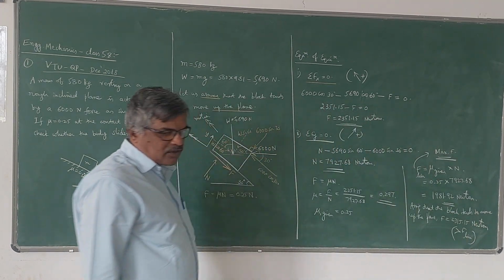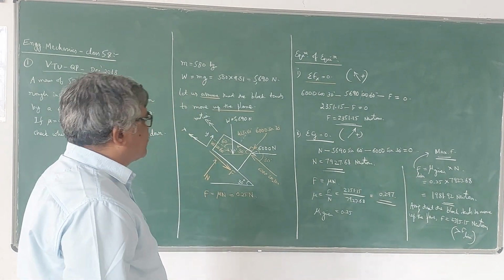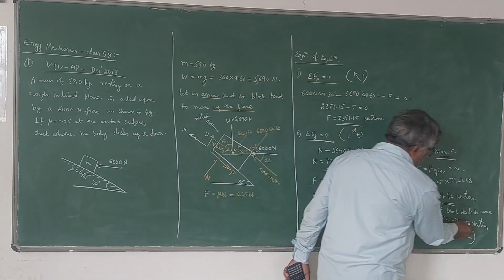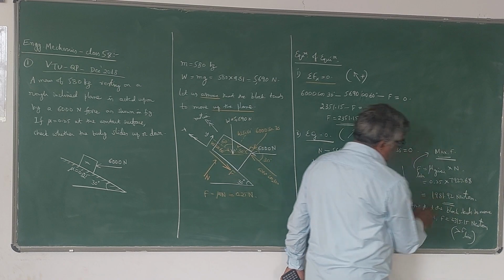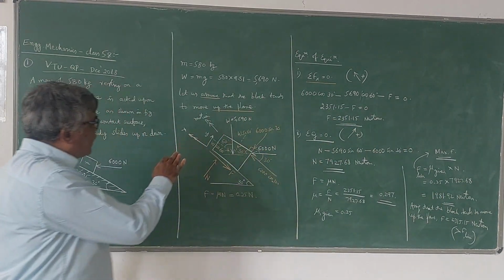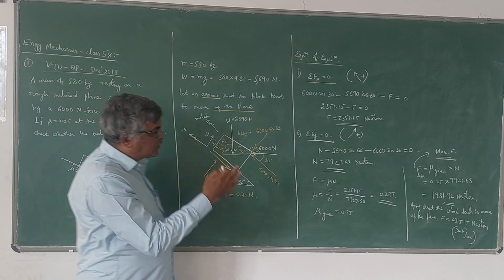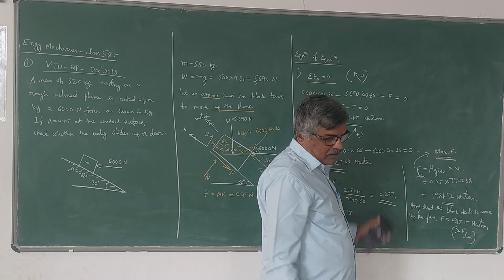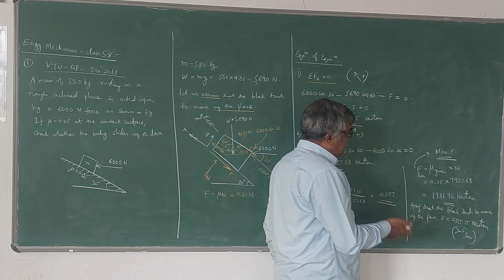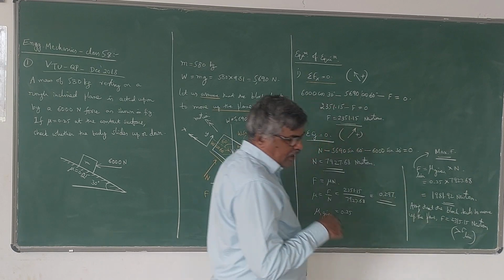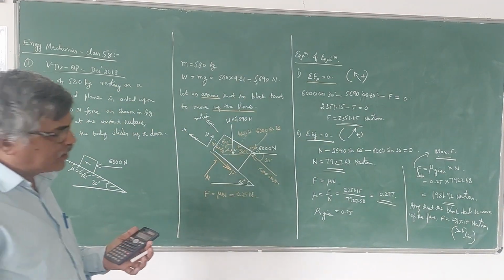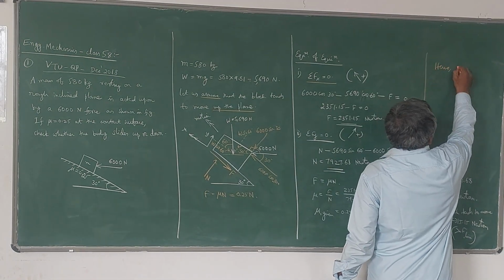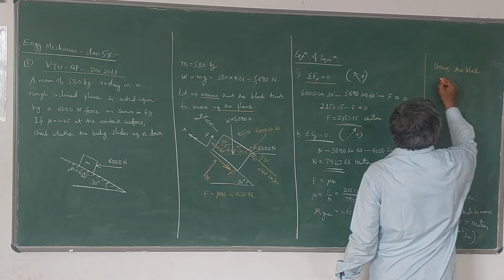Therefore, the assumption is wrong. That means, assuming that the block tends to move up the plane is wrong, because the maximum value of friction that can develop is only 1981.92. Assuming that it moves up the plane, we got the value 2351.15, which is greater than the maximum value. Therefore, the assumption that it moves up the plane is wrong. So we can say that hence the block tends to move down the plane.